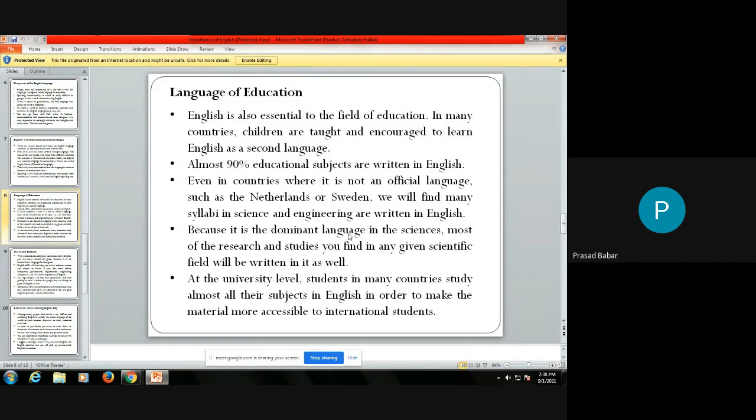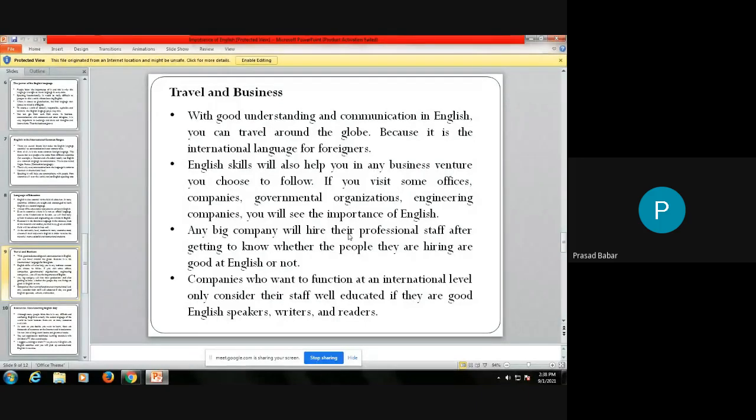The next is travel and business. It is the language of travel and business also. With good understanding, you can travel around the globe.